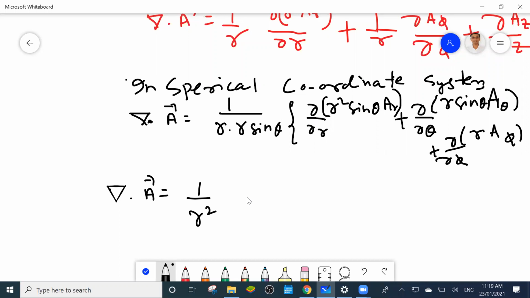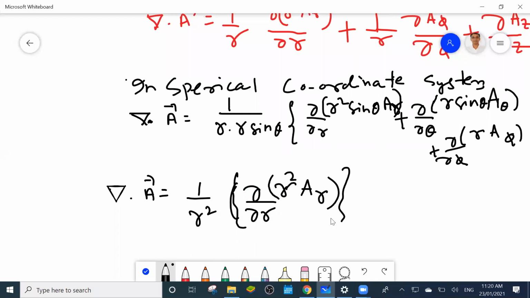So what I can write, del by del r of r square A r. This is the first term I can write.